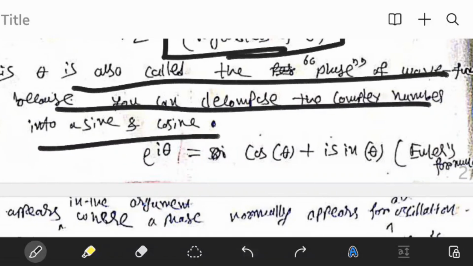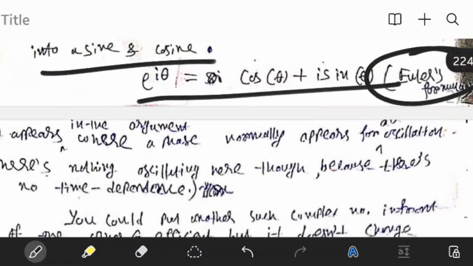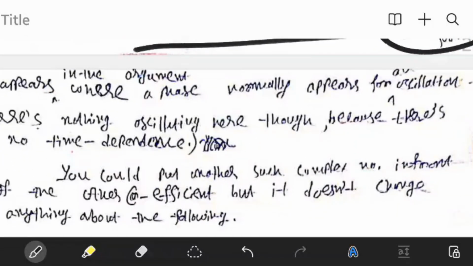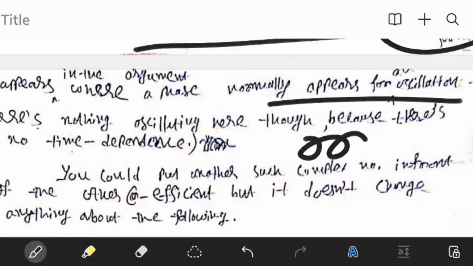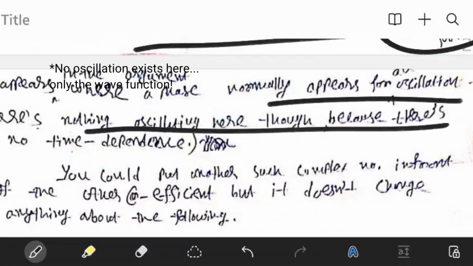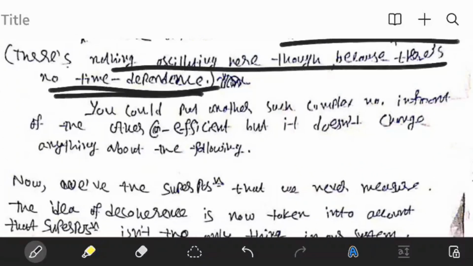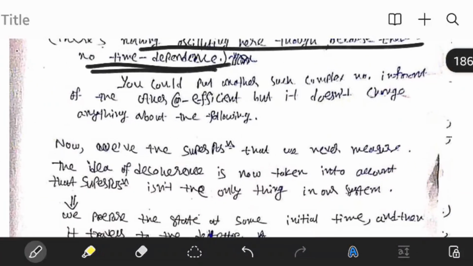So theta is called the phase, and this thing is called Euler's formula. You may have learned it in maths classes. Now keep in mind, theta usually appears for oscillations, which I have shown earlier. But here there is no oscillation because it is time independent. So there is no time dependence. Rather, it is a matter wave, not a time dependent wave.